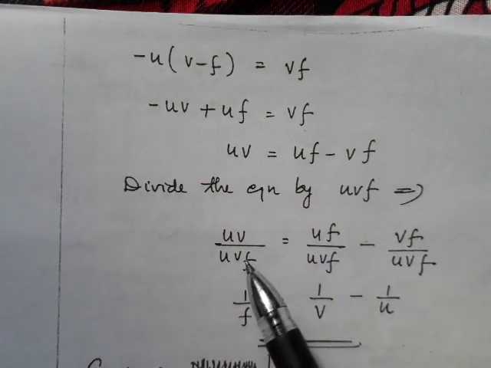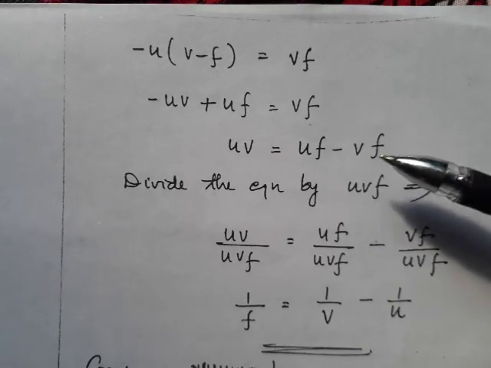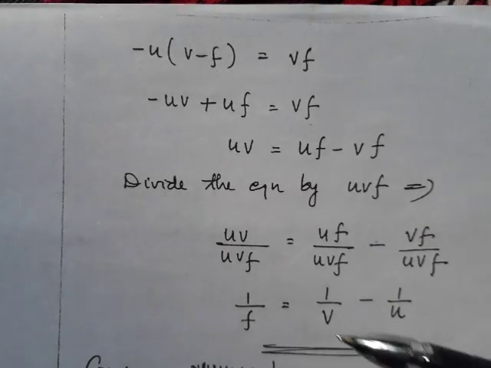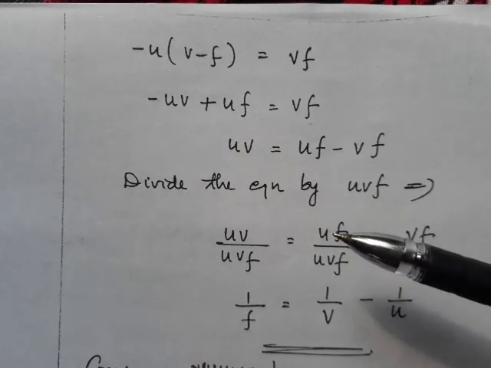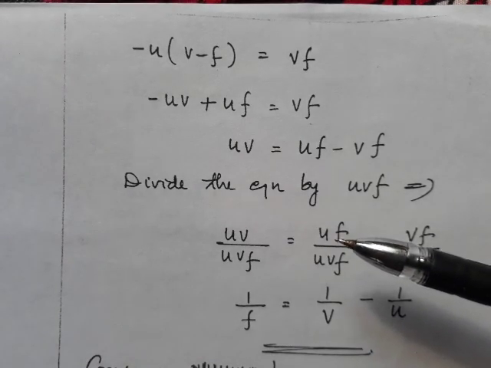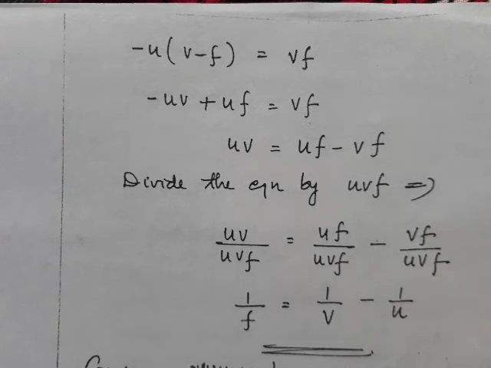So here UV by UVF, UF by UVF and VF by UVF. Here UV cancels, 1 by F comes. Here UF cancels, 1 by V comes. Here VF cancels, 1 by U comes. This is our lens formula.